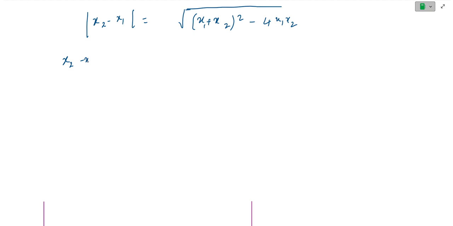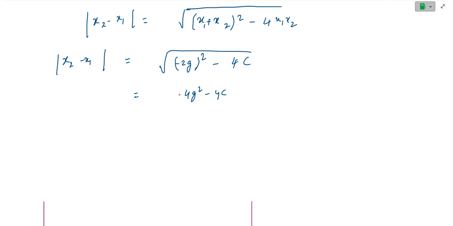So that is mod of x2 minus x1 is equal to under root of (minus 2g) whole square minus 4 times c. Actually its value will be 4g square minus 4c. So under it we can take 4 common from 4g square and 4c.